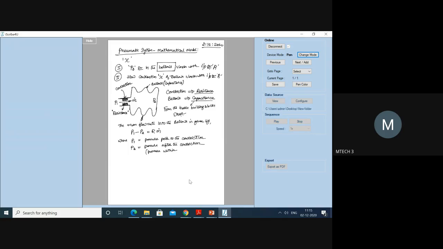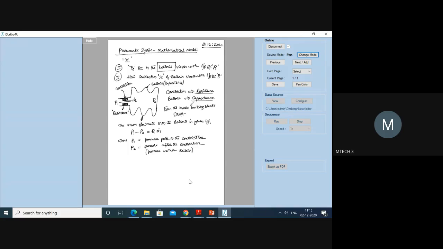After the constriction, what element do you have? Bellows. So after the constriction you have the bellows, and that is nothing but the pressure within the bellows. Right. This is about the resistance equation.